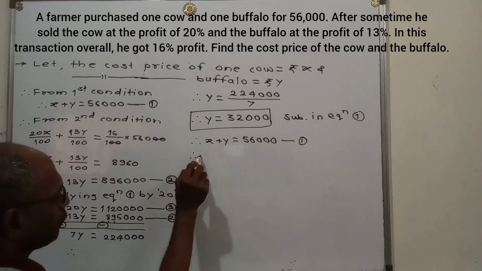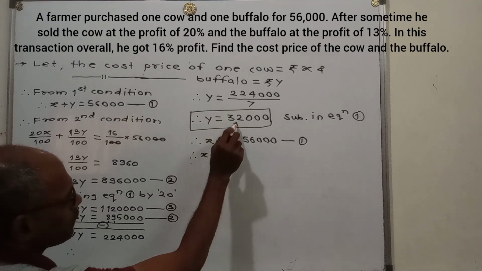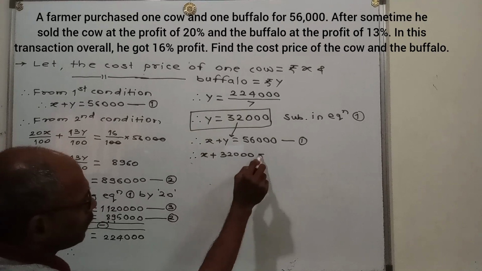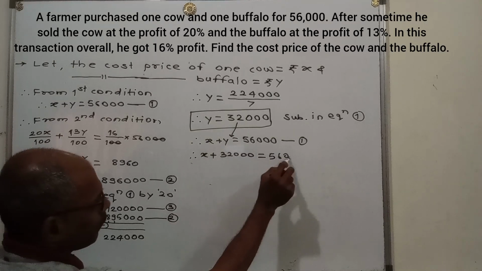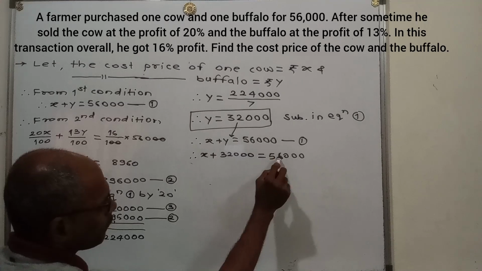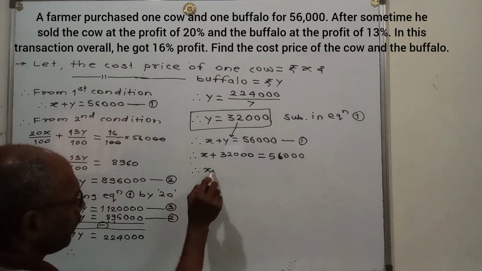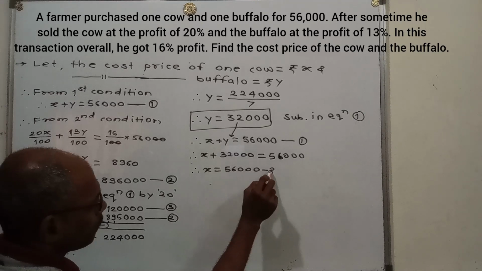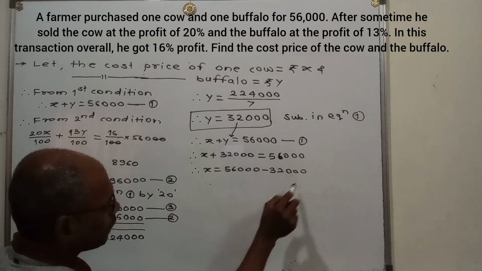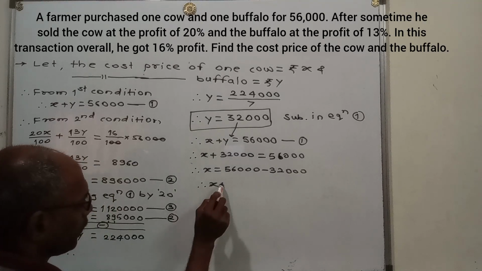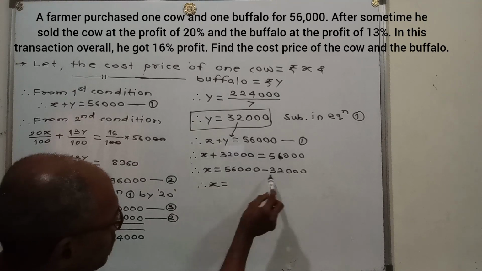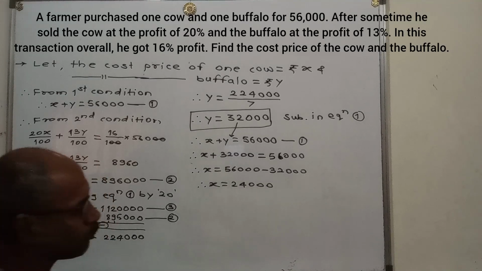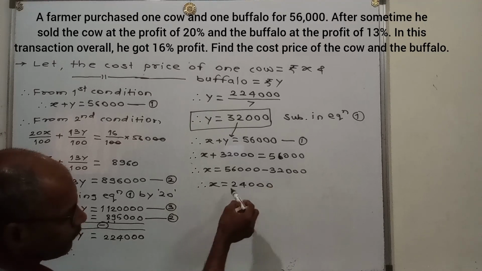We put the value of y, 32,000, so X plus 32,000 is equal to 56,000. Therefore, x is equal to 56,000 minus 32,000. Therefore, x is equal to 24,000.